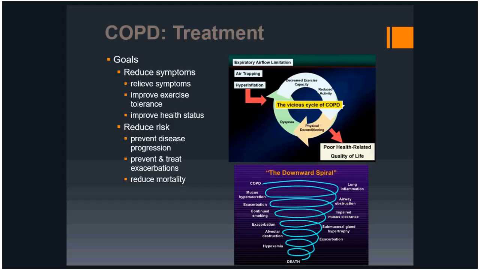This cycle contributes to poor health-related quality of life, and patients will often experience a downward spiral with regards to inflammation, obstruction, issues with mucus clearance, and exacerbations, and it can be progressive. And so again, you want to manage and reduce symptoms and reduce their risk, slow disease progression.